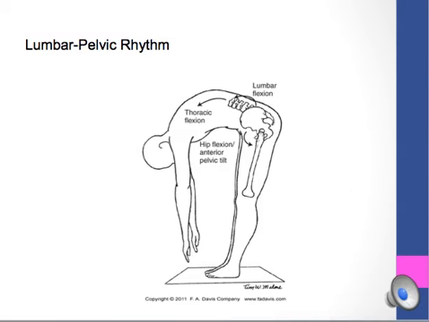Let's talk about the lumbopelvic rhythm again. We talked about that when we talked about the lumbar spine and the thoracic spine working together. But what we're going to start to appreciate is, as we bend forward, what is happening at the hip and the pelvis?